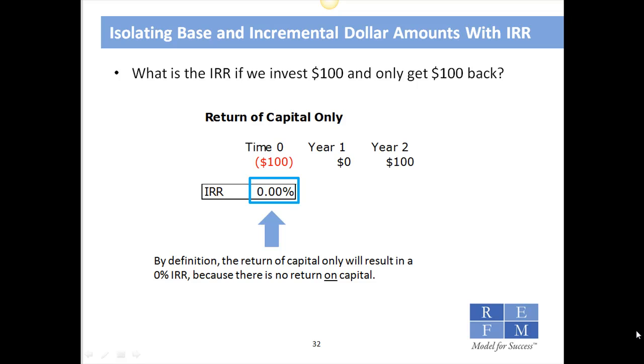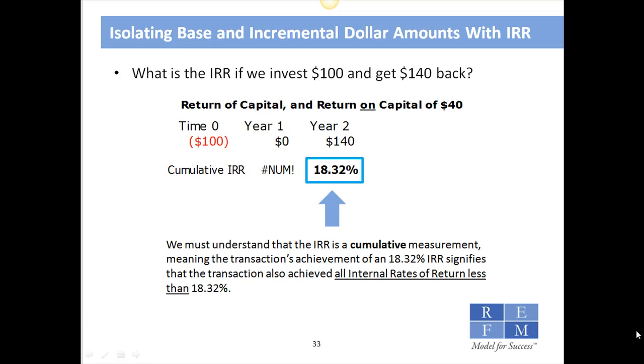The second question to ask is, what is the IRR if we invest $100 and only get $100 back? By definition, only receiving our capital back and not getting any return on that capital whatsoever will result in a 0% IRR. The third question to ask is, what does it mean when we have a positive IRR?